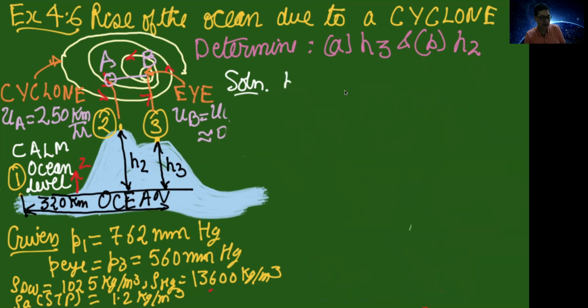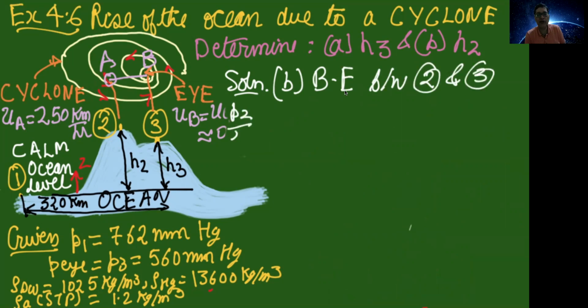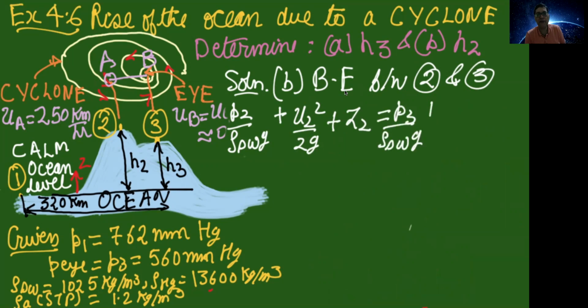But first we will obtain a relationship to calculate H2. We will first obtain a relationship between P2 and P3, so we apply Bernoulli's equation between 2 and 3. Now Z2 is H2 and Z3 is H3 for the present problem.